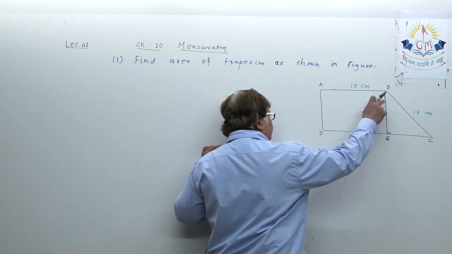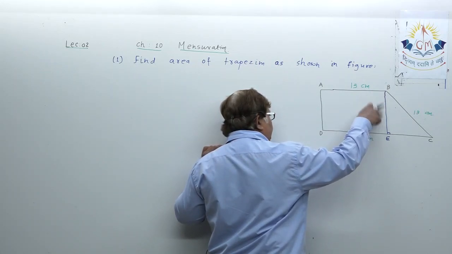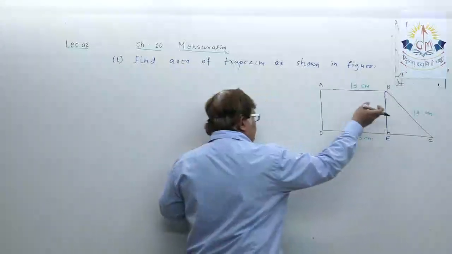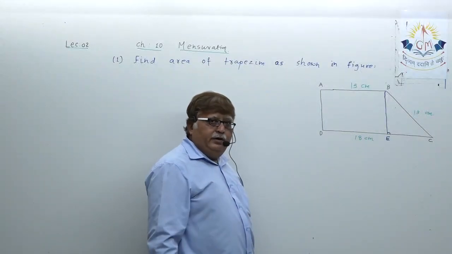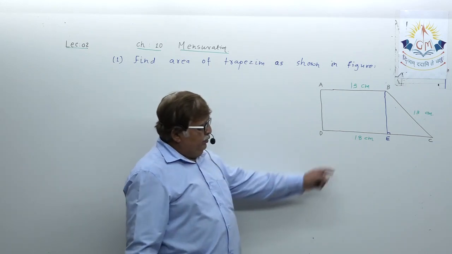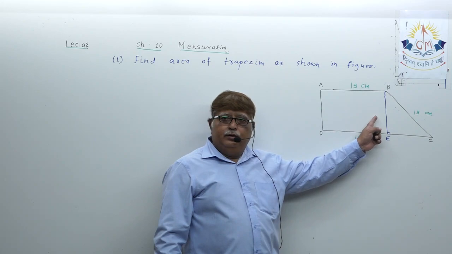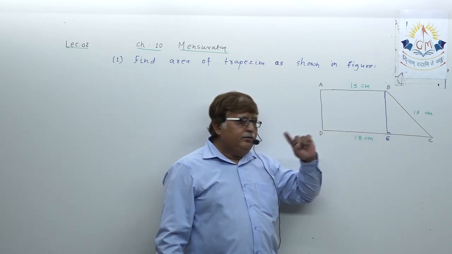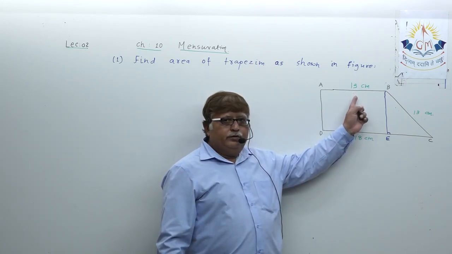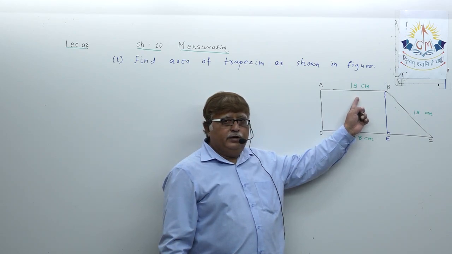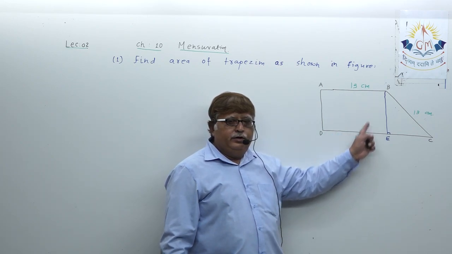If I am able to find BE, I am able to find the area, because BE represents the distance between the two parallel sides, that is AB and CD.